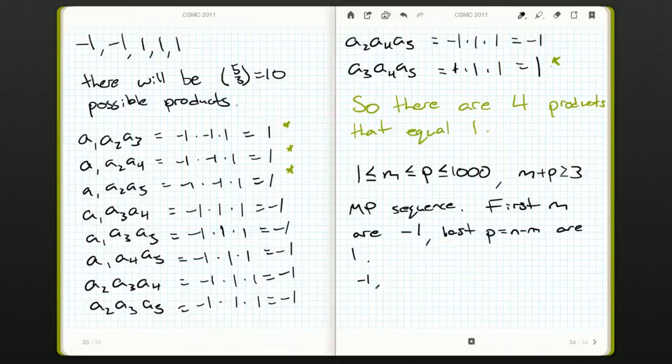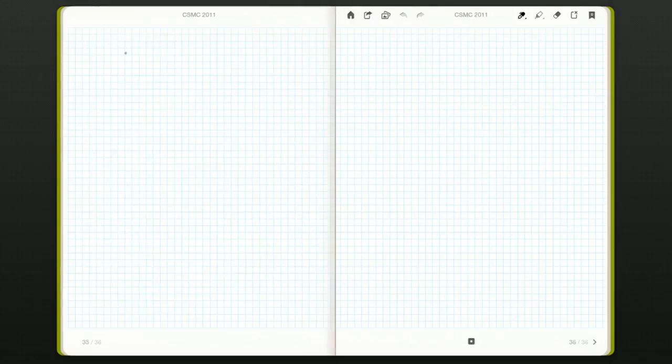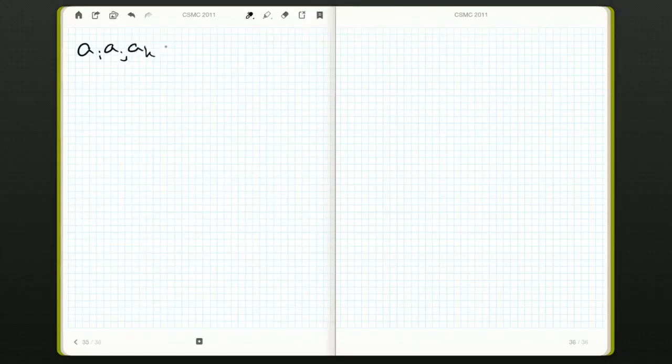So it's going to look like negative 1, negative 1, negative 1, and there's going to be M of these, then 1s, and there's going to be P of these. Okay. AI, AJ, and AK are equal to negative 1 or 1. Okay, that product is definitely going to be negative 1 or 1.